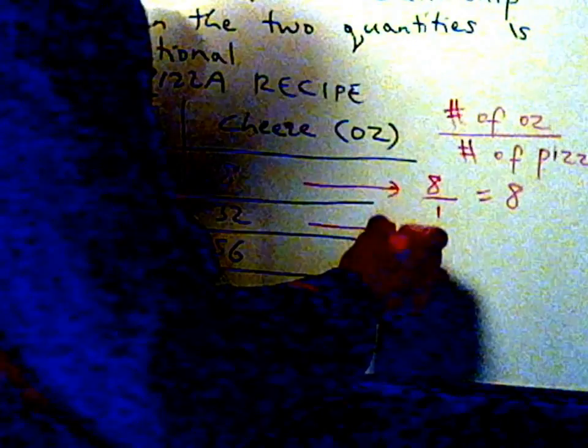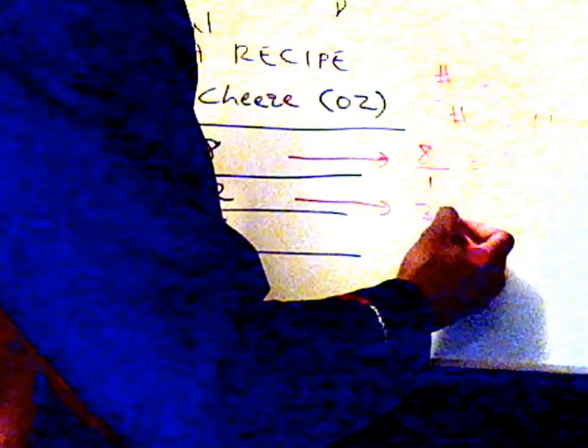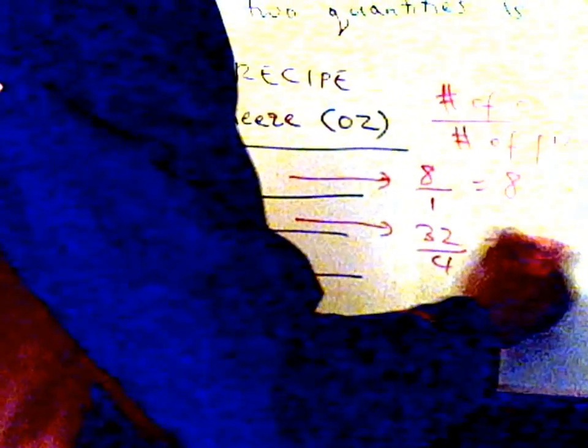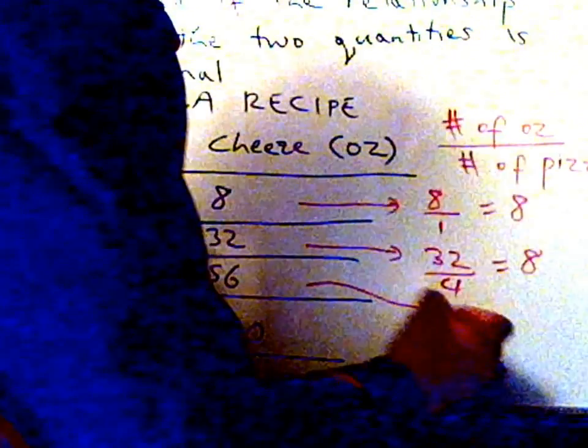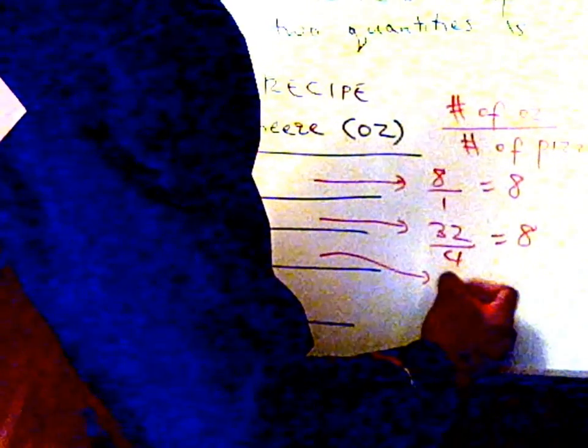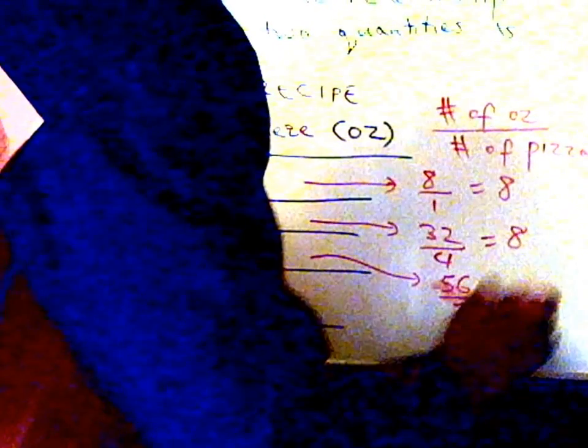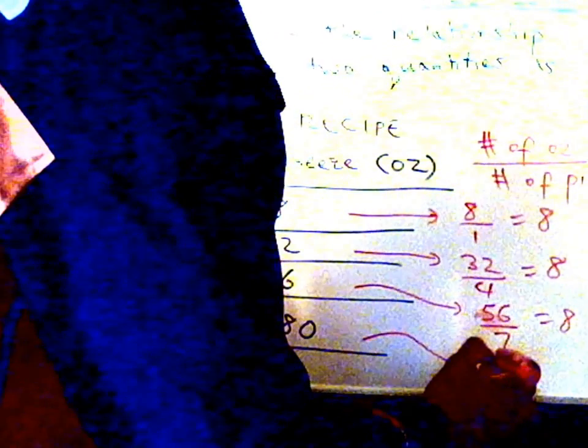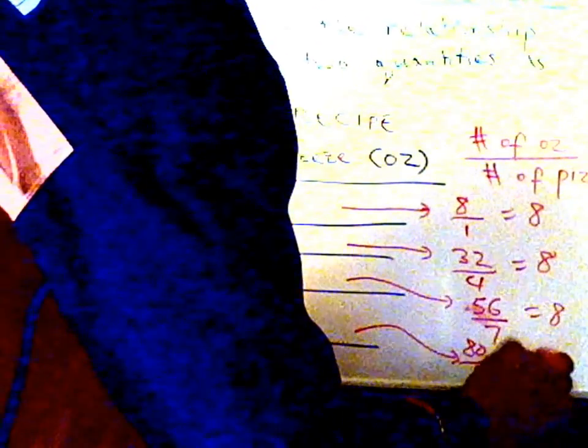Likewise, 32 over 4 is also equivalent to 8. 56 over 7 is also 8, and 80 over 10 is also 8.